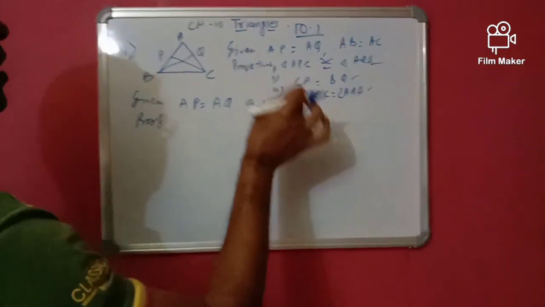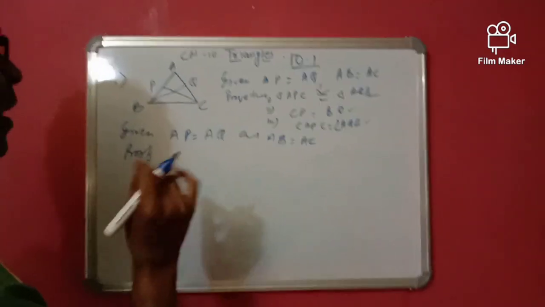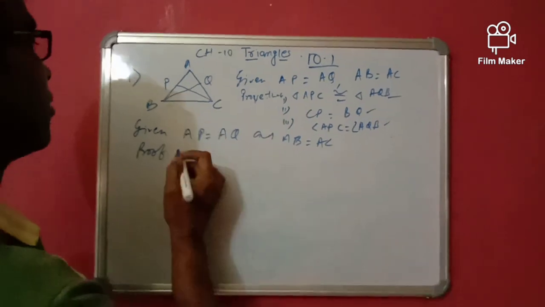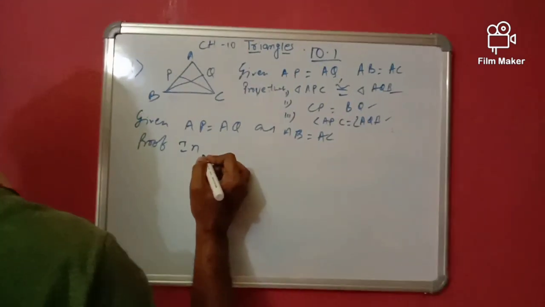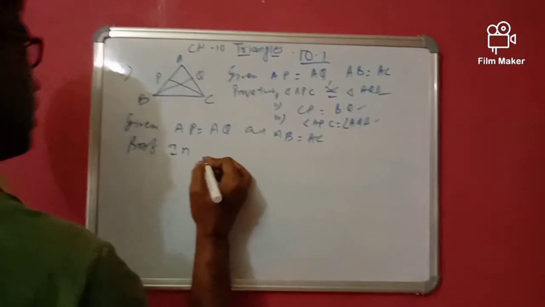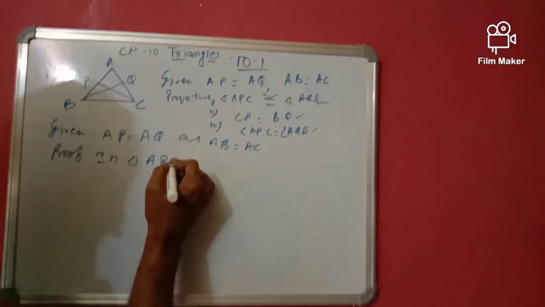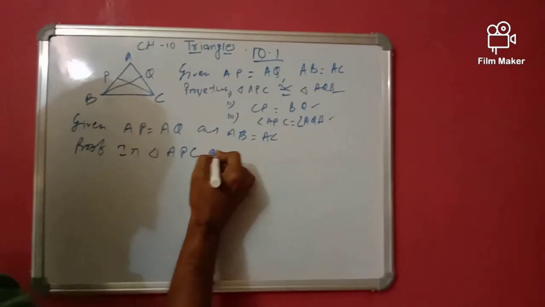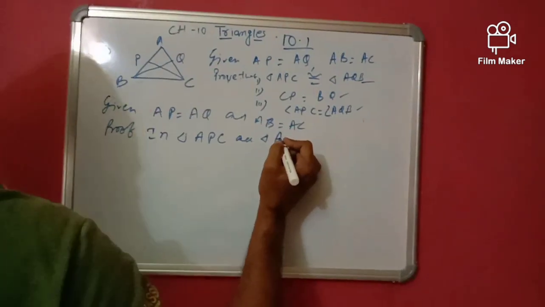In triangle APC and triangle AQB, what is given, we have to write first.